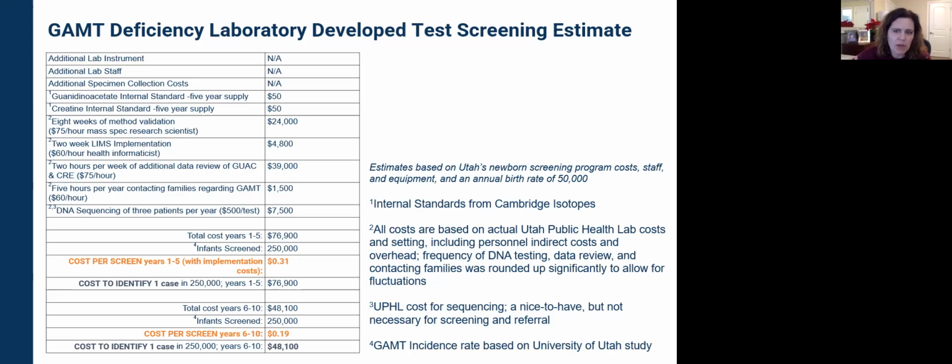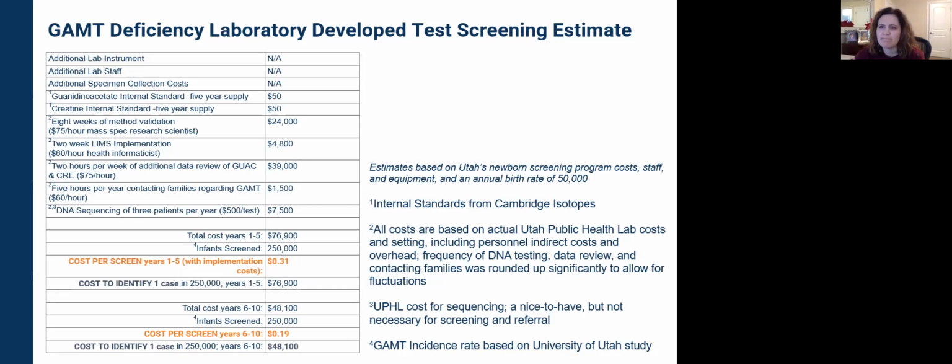And then beyond that, when you do not have to factor in the implementation, the cost is as low as 19 cents a baby. So we just wanted to share all of that to give you an idea of the low impact of integrating GAMT into the screening.